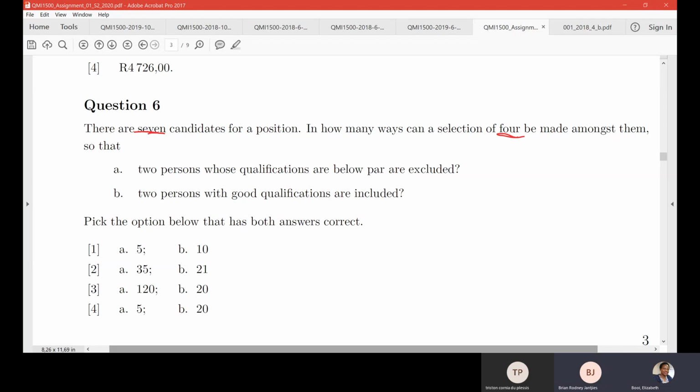So if the 2 are excluded, the number from 7 is reduced, because we're not counting those ones, to 5 candidates. But if you do a combination, are we going to use the formula of 5? So is A going to be 5?